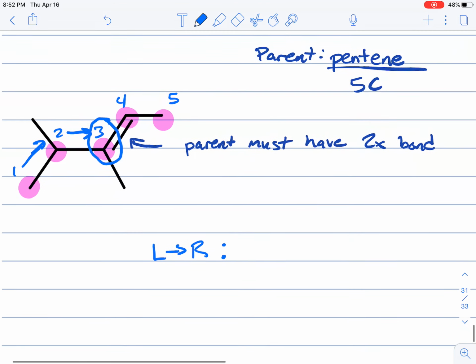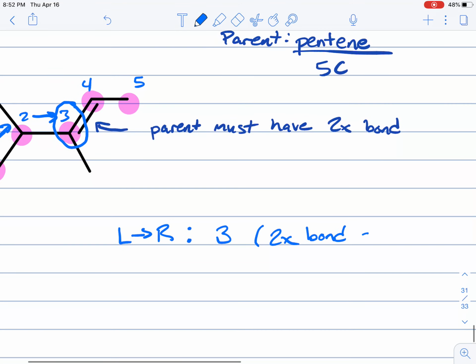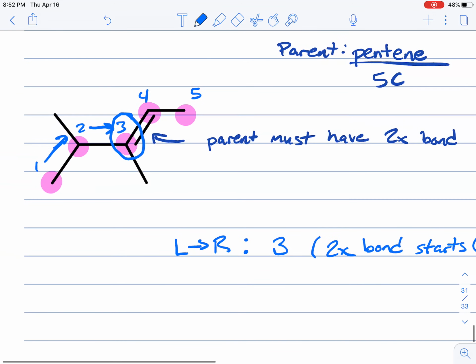So I'm giving priority to the double bond, not the substituents. Okay? And so from left to right, my double bond starts at carbon 3.